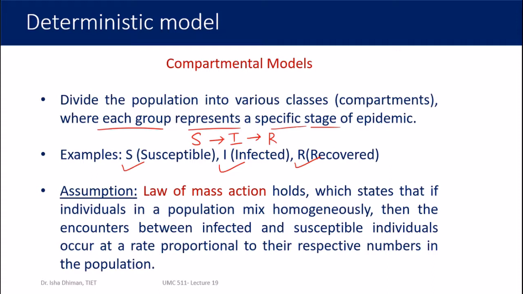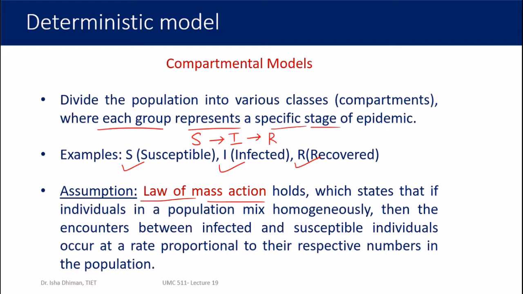So there's a fundamental assumption which follows in all of these compartmental models, and that assumption is that the law of mass action holds. So basically, just read the statement and then we'll try to understand.